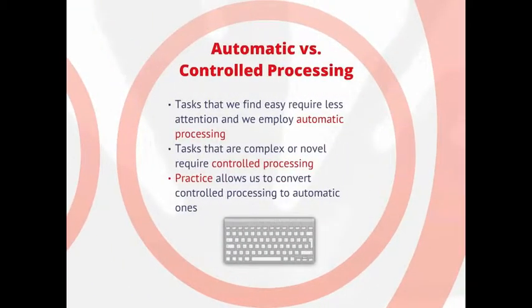And the other part of this thread about attention is about automatic versus controlled processing. And we find this a lot in the everyday, right? There are lots of things that we do that we take for granted that at one point might have seemed very difficult. So when we were young, putting on clothes, our socks and shoes might have been a bit of a tedious task because we didn't have much motor control.